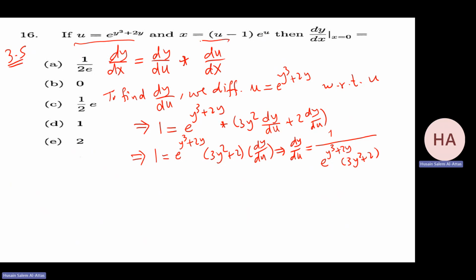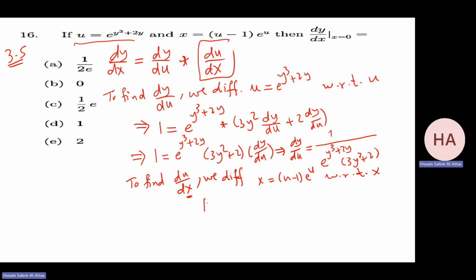Now let me do the same to find du by dx. We differentiate the other one, x equal u minus 1 e to the power u, with respect to x, since I want to find with respect to x. So I have 1 equal what?